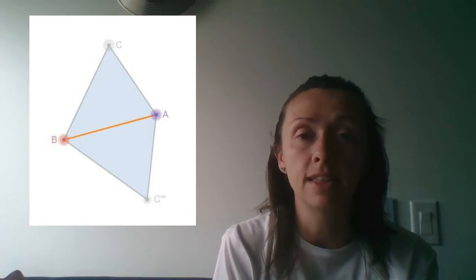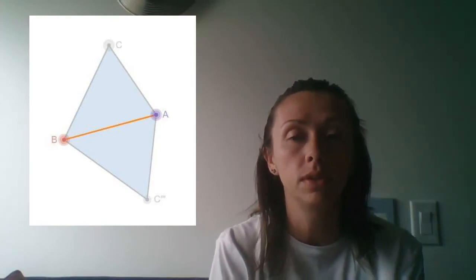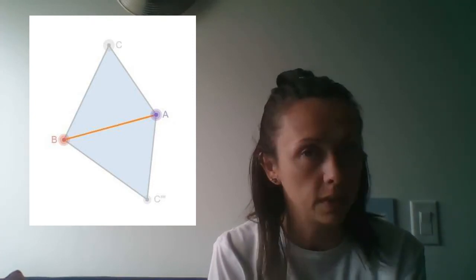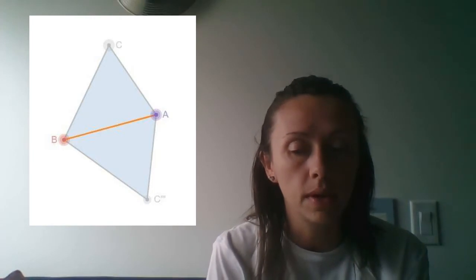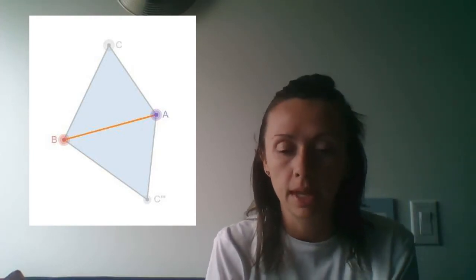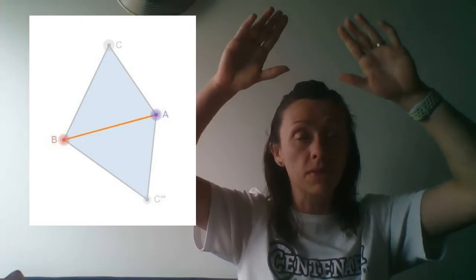However, we can say that the reflection of C triple prime is equal to what? Is it going to be equal to the actual location of C? So we know that the reflection of C triple prime is going to be up at the top, somewhere where C is located. So we know that for sure.